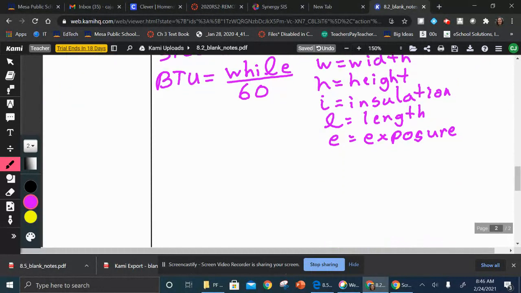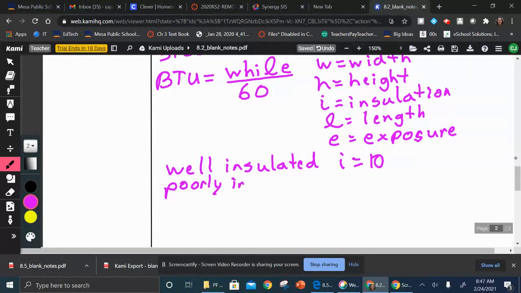Okay, so if it's well insulated, I is equal to 10. If it's poorly insulated, then I is equal to 18. It also is affected by the direction that it's facing.